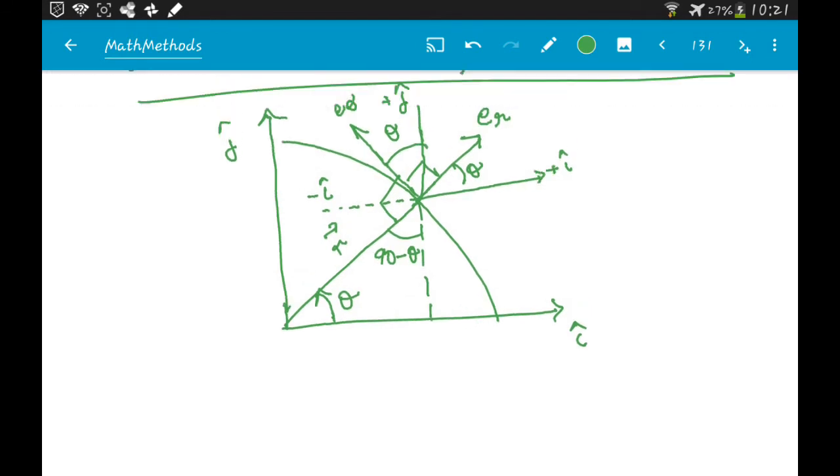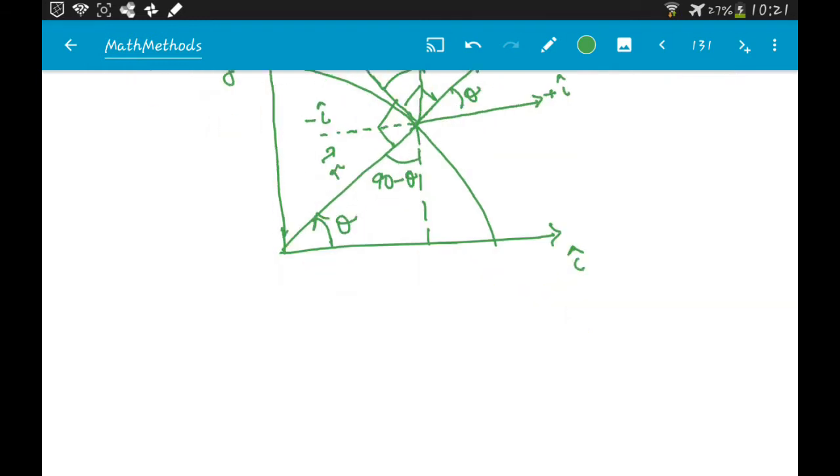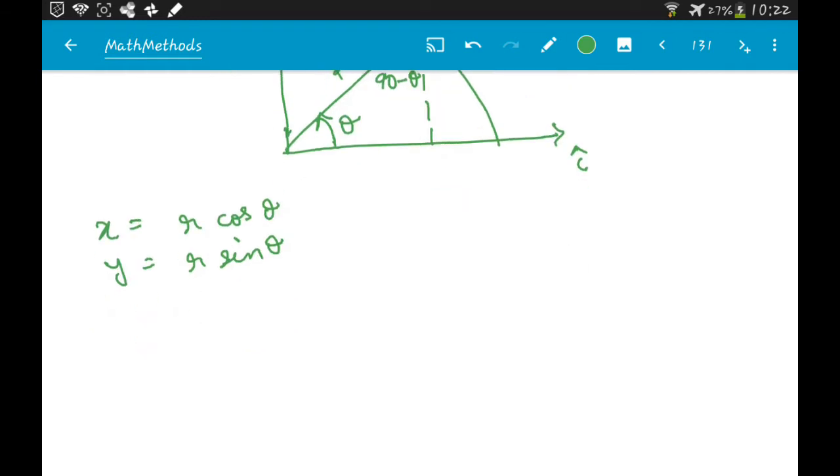What we are doing is trying to reduce everything into polar coordinates. So let's write it down first. x is equal to r cos theta, if this is the point (x, y), and y is equal to r sin theta. As we already know, ds is equal to i dx plus j dy.